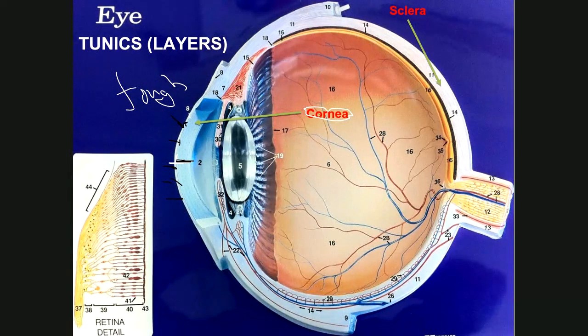So they change the shape of the cornea. So instead of it looking like this, it might look like this. Well, maybe not like that. But anyway, when the light comes through here, it gets bent. And that can help improve your vision.